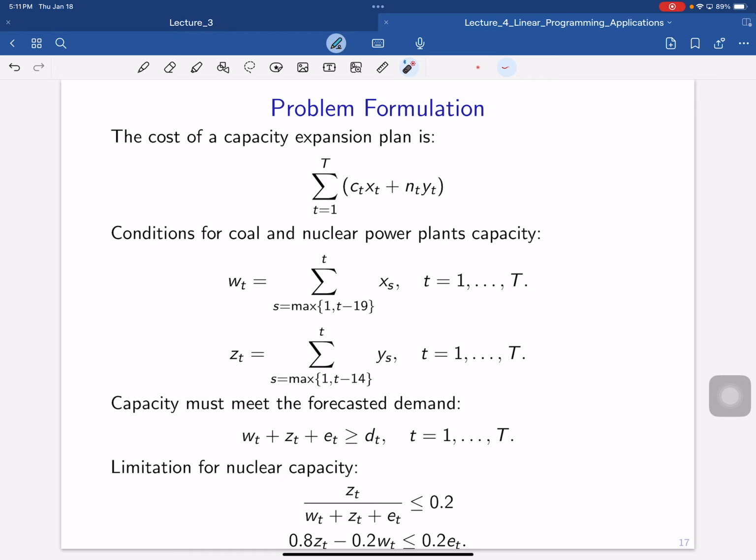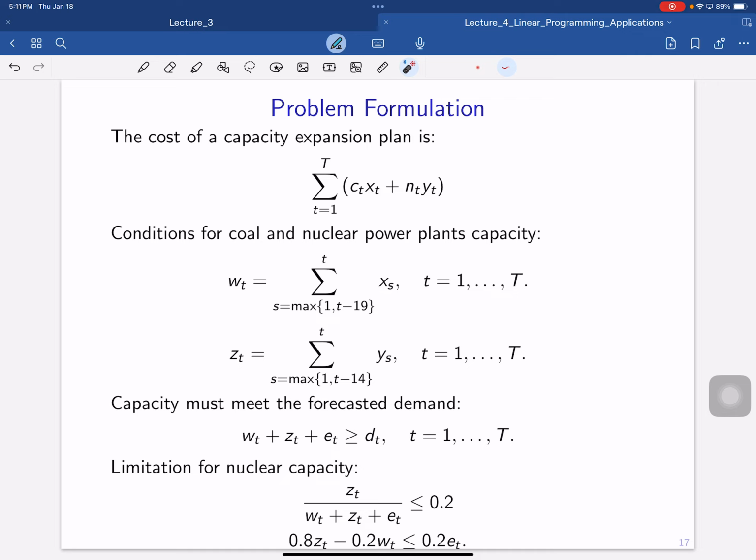We said the percentage of the nuclear capacity has to be less than 20%, right? So if you take the percentage, which can be calculated this way, it is less than 20%, but this is not a linear program, right? You have a fractional term. It is very undesirable, but if you multiply this to the right-hand side of the equation, you will find that you get a linear constraint, right?